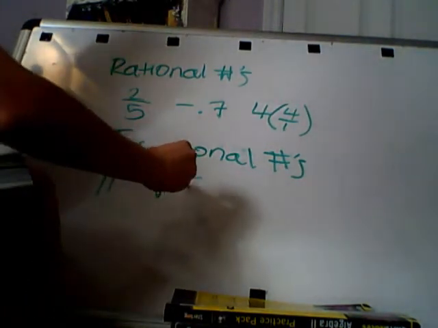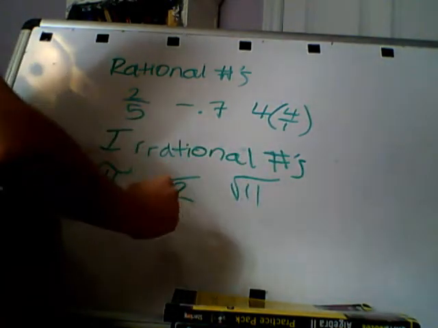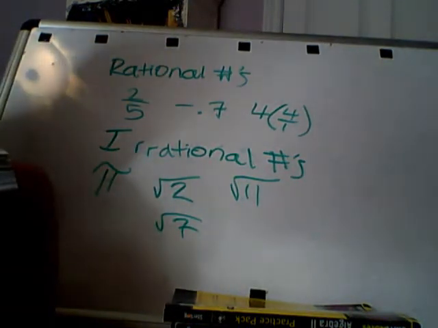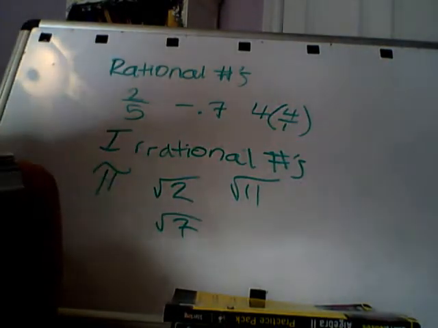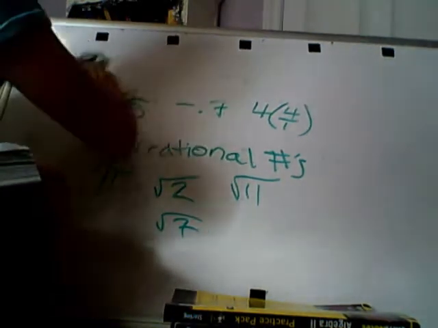The square root of 2, the square root of 11, the square root of 7. It all goes on and on and doesn't have an end. They're also called outlawed numbers, meaning they're just irrational and they're not strict.